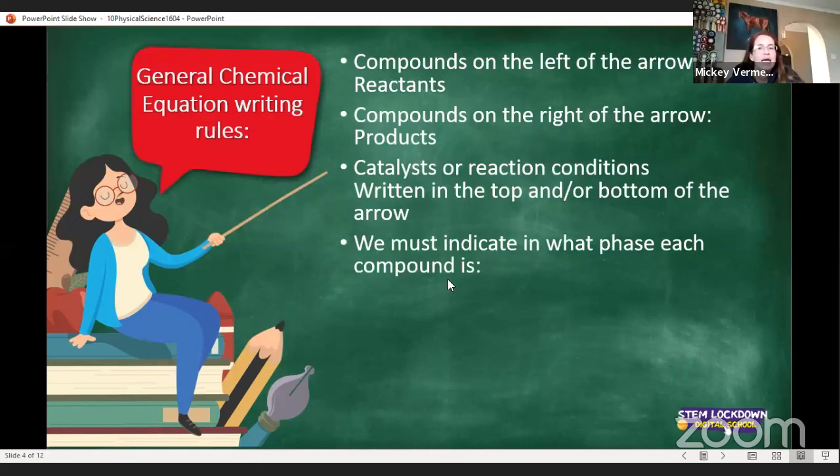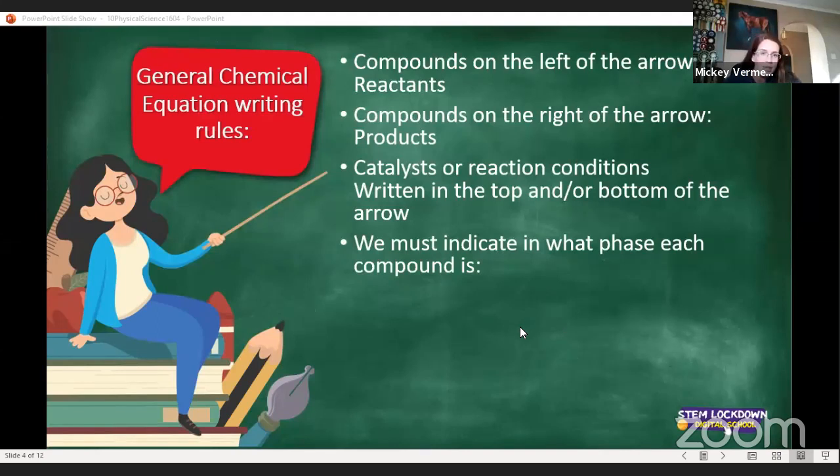Now, this is something that I think gets skipped at school level. Makes me very angry. You have to tell me what phase each compound or element is in. So if we think about water at room temperature, it is a liquid.